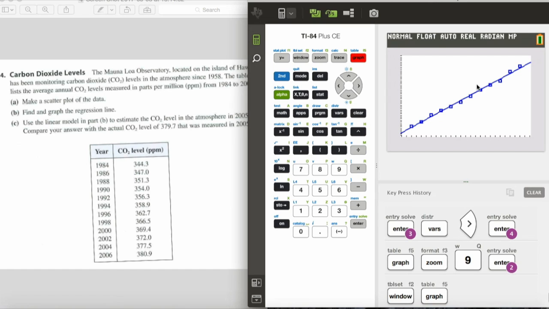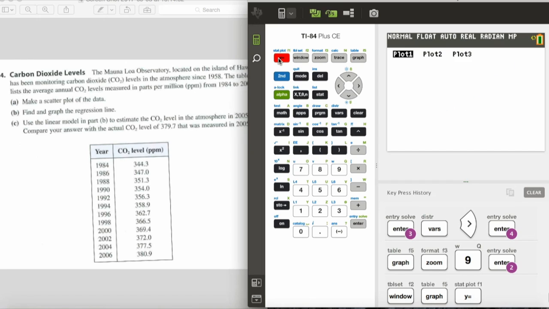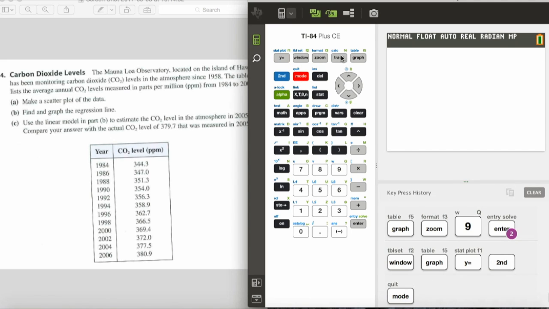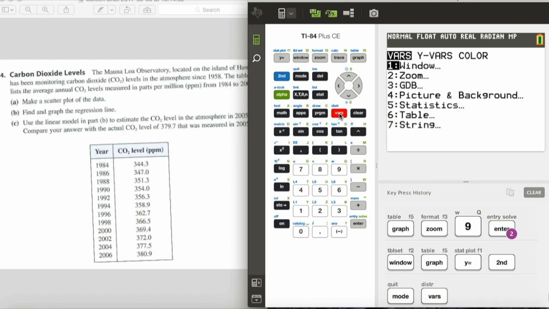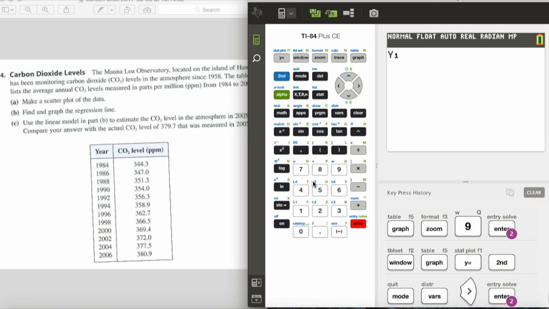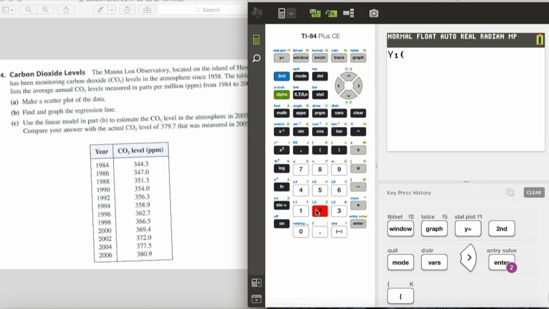So I can use the equation to calculate the predicted CO2 level at 2005, using the equation that was stored for me this time because I stored it in Y1. So now I'm just going to put in 2005 for X, and I'm going to use the calculator to do that. Again, I just use the Y-vars key, and I'm going to find Y1 of 2005.